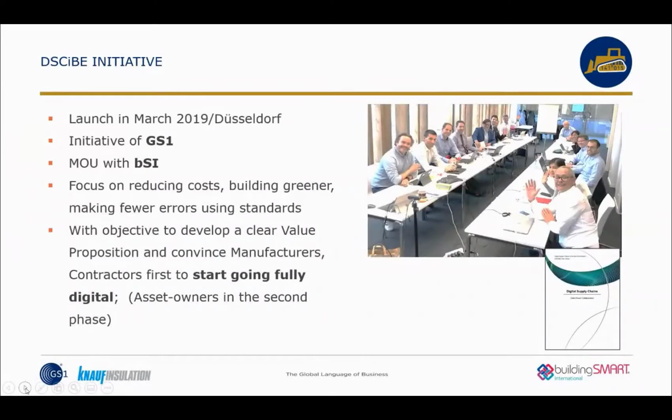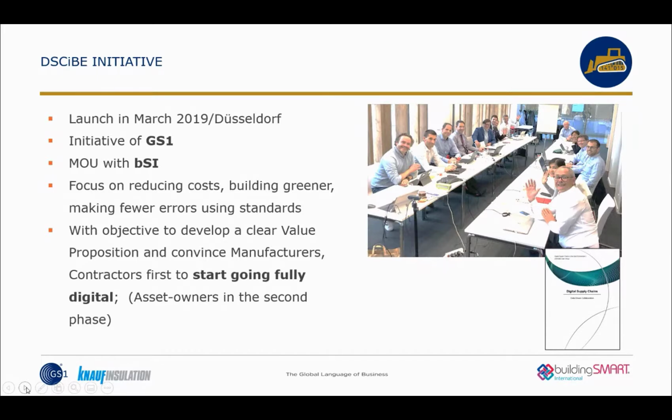What is important, as I mentioned already, is that I'm part of the Digital Supply Chain in Built Environment Initiative, which has been launched since 2019. We had a presentation last year at the buildingSMART International Summit to give you some ideas. But I think it's really important that you know about this, because this is the initiative which combines the knowledge of standards from GS1 and standards of BSI.